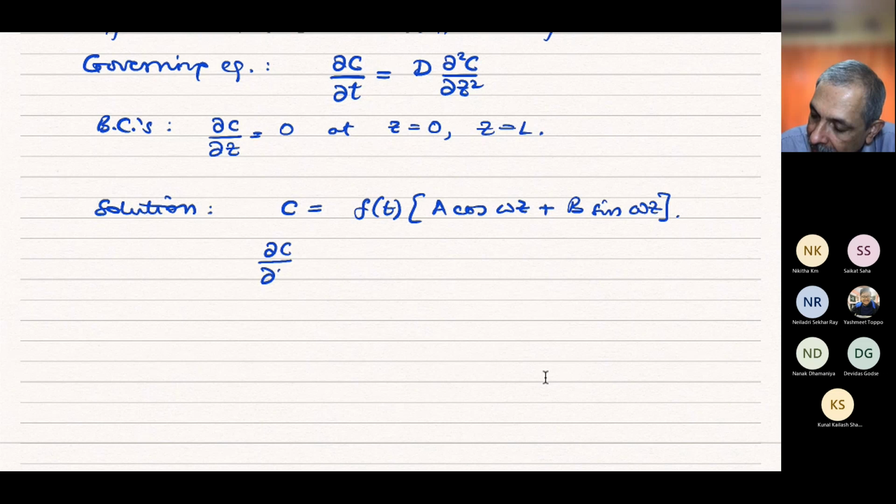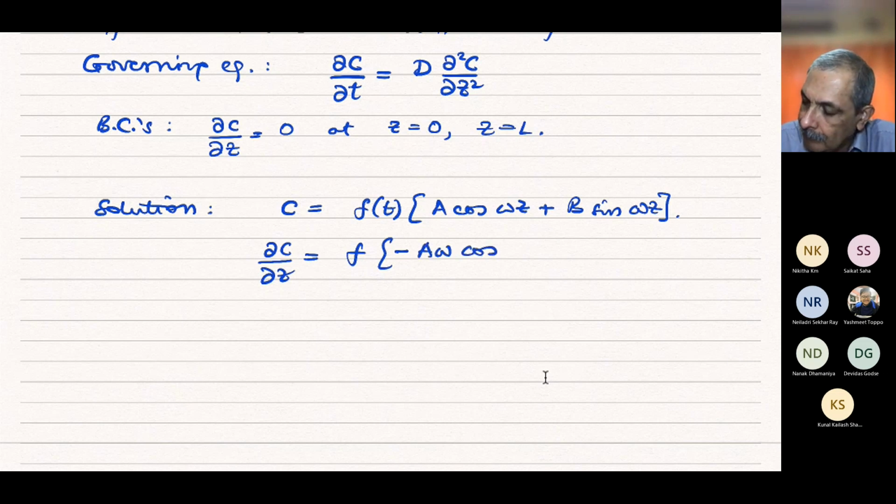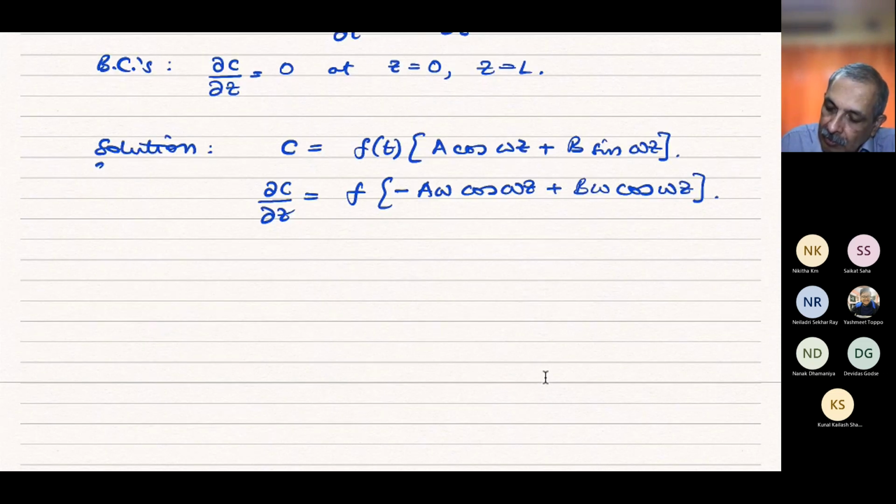So we get del C by del Z is just equal to F into minus A sine of omega Z plus, I'm sorry, so this is what del C by del Z is. I just want to say that this is an assumed thing because I know what the solution is.